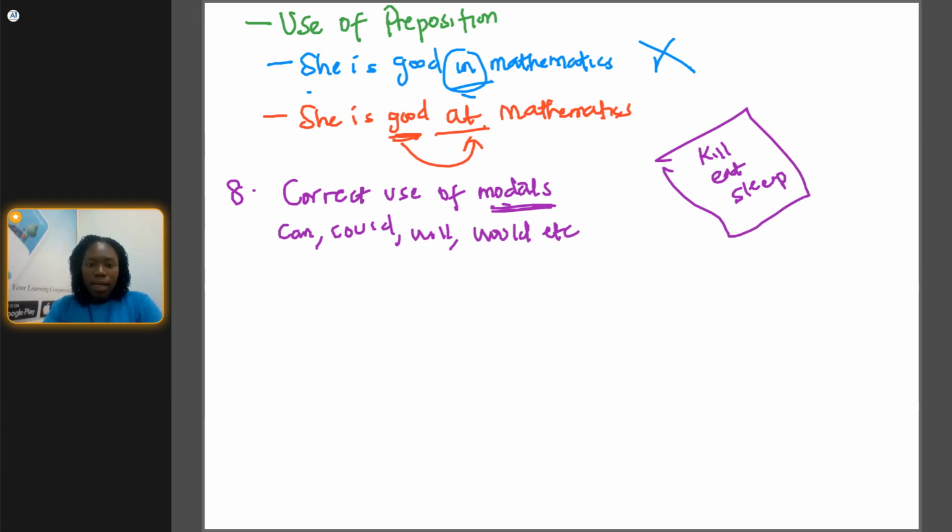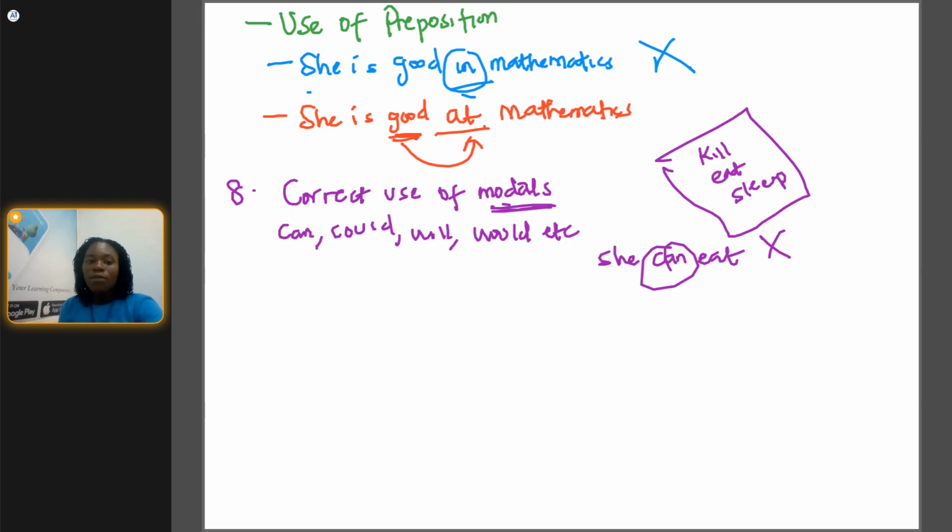Like I mentioned, when you see modals, think of them as helping words. They are that word that helps give the verb more meaning. When you have an example like she can eat, without this you have she eats, and you know that this is grammatically incorrect in that context.